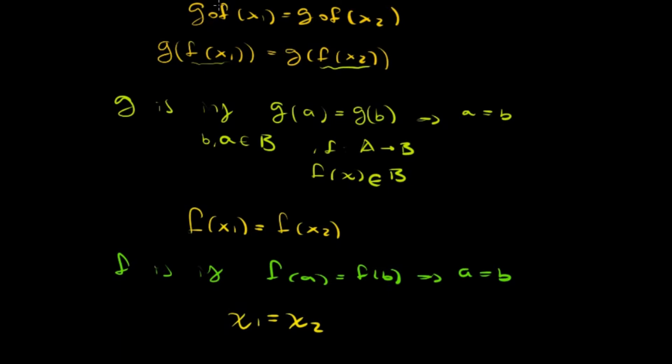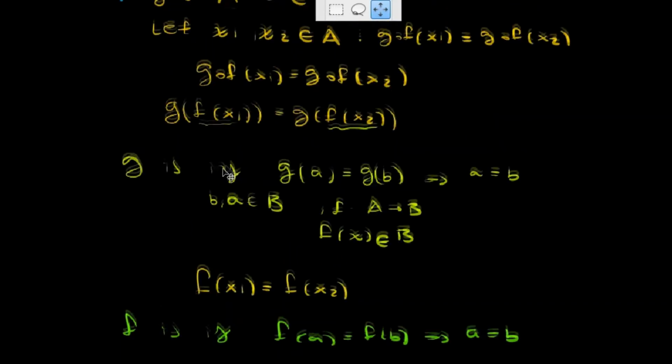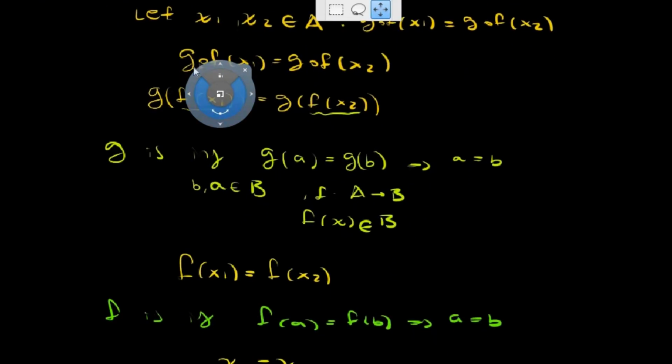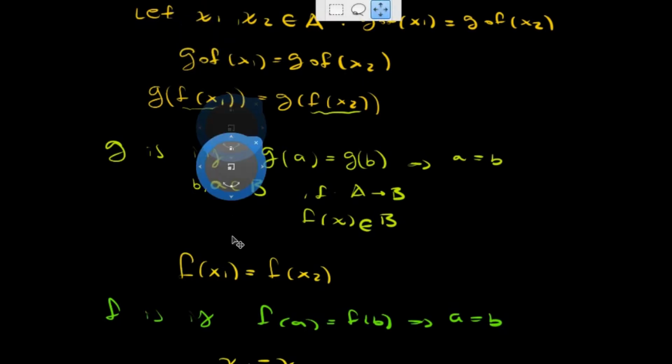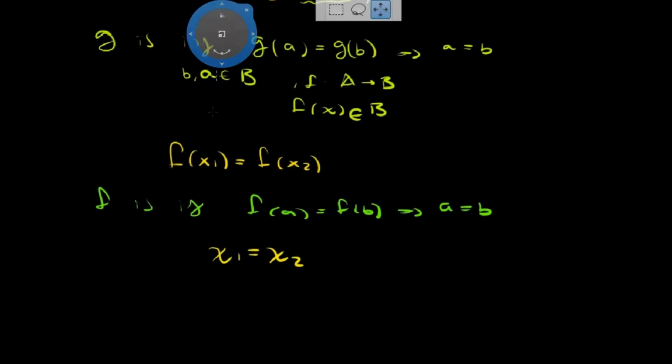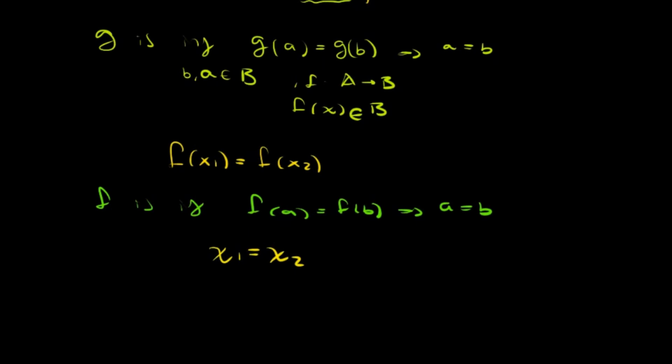We started by saying that g composed with f in x1 equals g composed with f in x2, and we were able to conclude that x1 equals x2. This finishes our proof, because it tells us that g composed with f is injective.